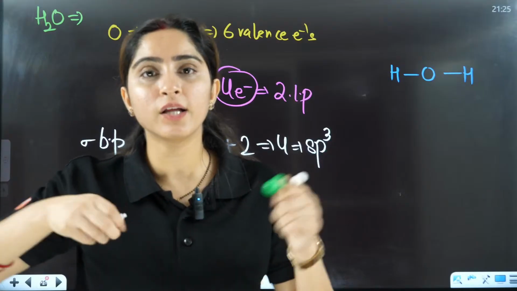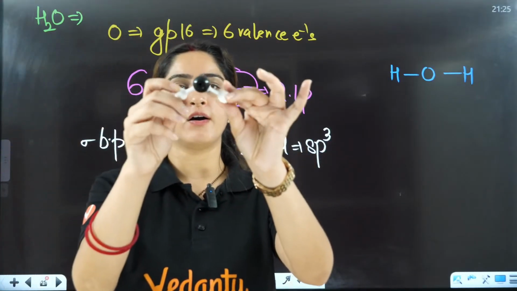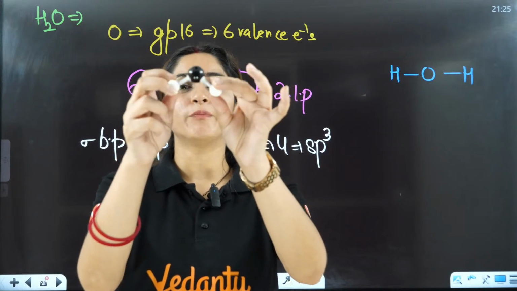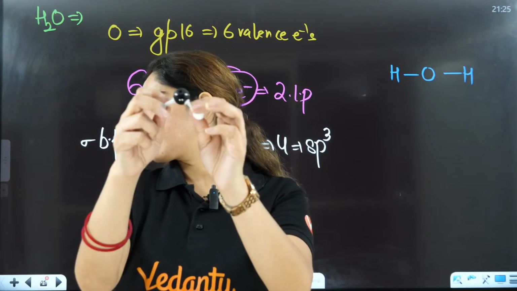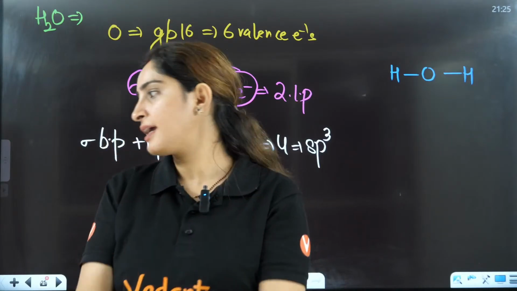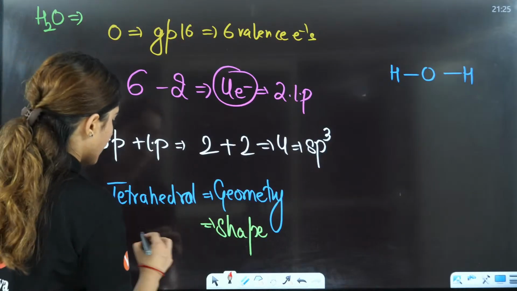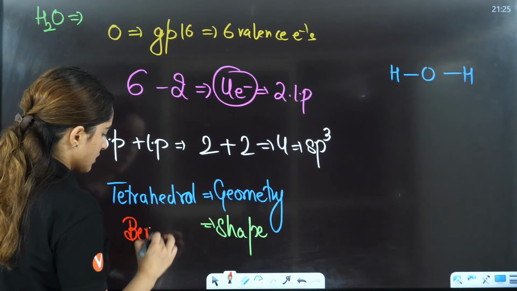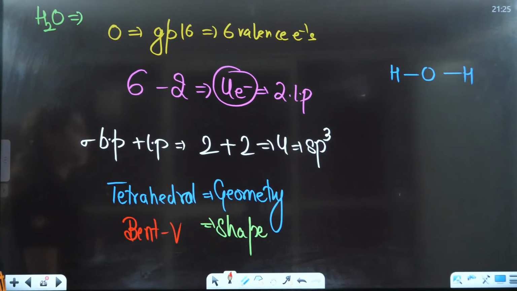When you ignore the lone pairs, then what kind of shape is it giving you? Isn't it bent V shape? So can I say that is bent V? So I'll just write here bent V, okay?